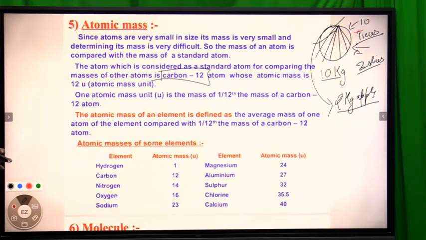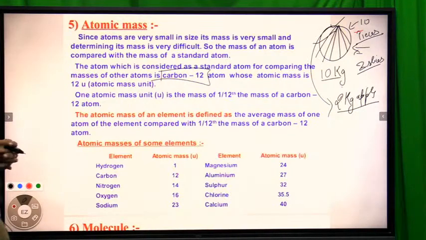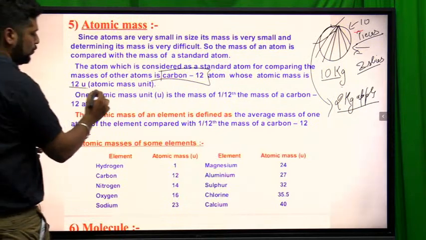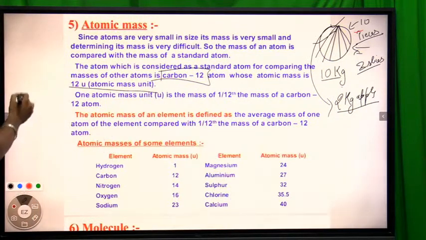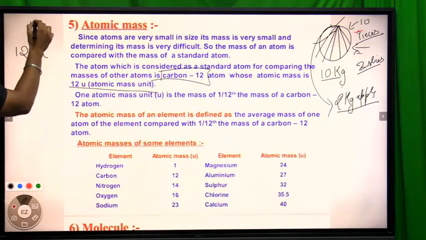Since atoms are very small in size, their mass is very small and determining it is very difficult. So the mass of an atom is compared with the mass of a standard atom. The atom which is considered as the standard for comparing the masses of other atoms is the carbon-12 atom, whose atomic mass is 12 mu. Mu means AMU.